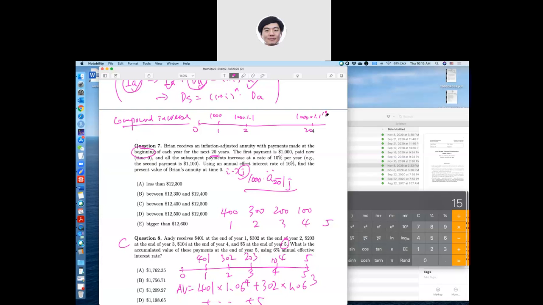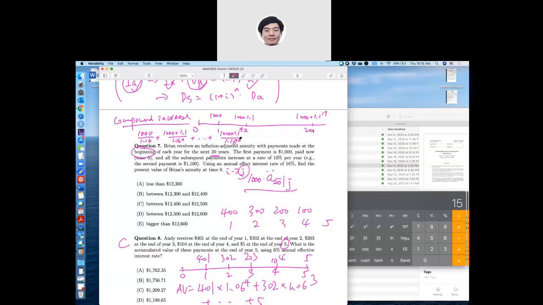Again, but what I usually do is I think of this as a geometric sequence. So what I do is, and then you just need to figure out the common ratio.